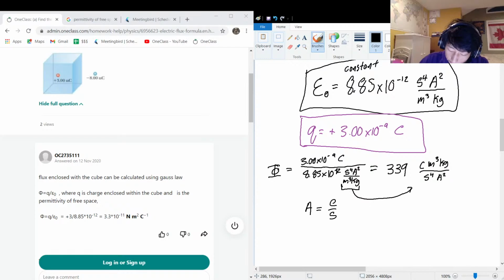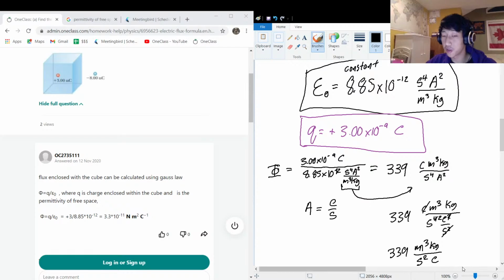So we can also rewrite this unit as coulomb meter cubed kilogram per second to the 4 multiplied by coulomb squared per second squared. So for 339, the coulomb squared neutralizes the coulomb up there, so it's going to be meters cubed kilogram per second squared coulomb. Okay, so that'll be the unit for electric flux.